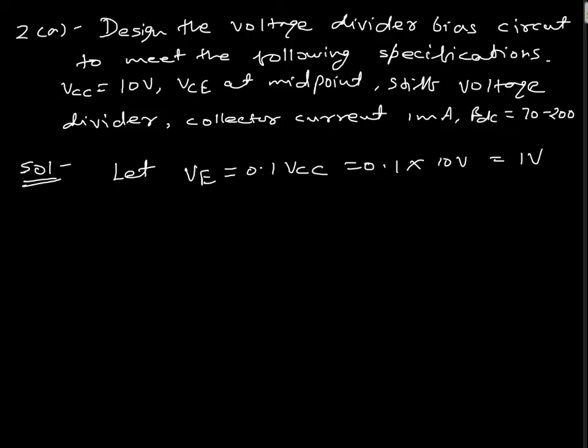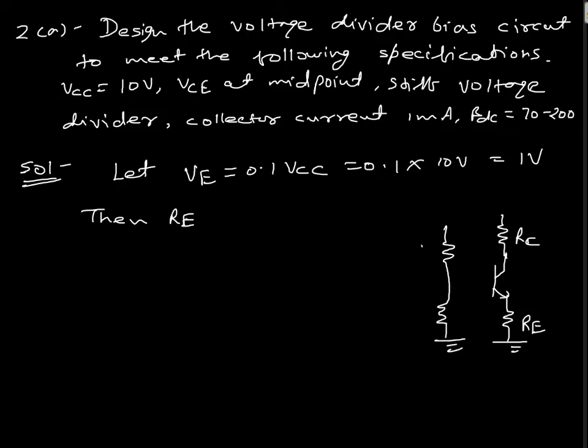So what should be the value of RE? Here let us see the diagram of a voltage divider circuit. So this is RC, then here we have the transistor, this is RE, these are R1, R2.